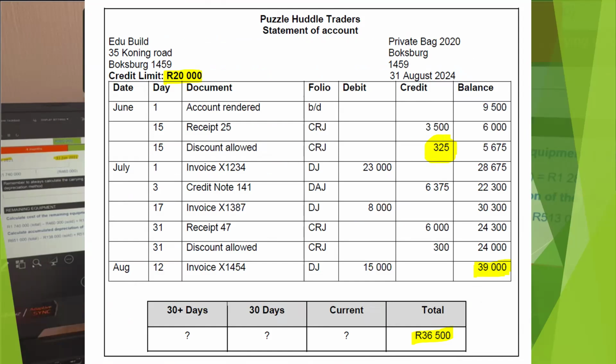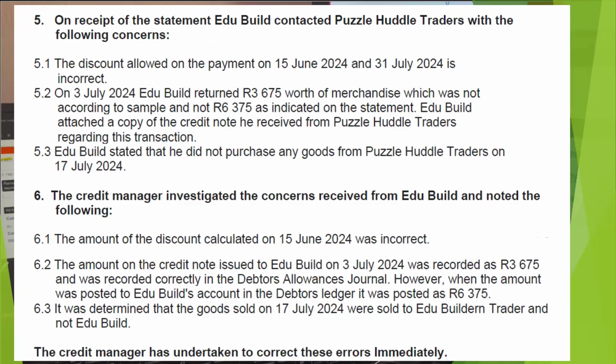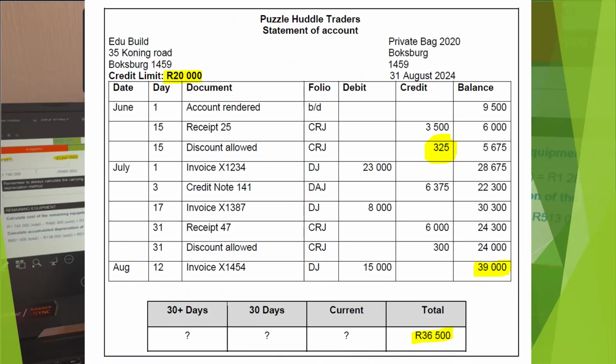So to check, what you can do is take this 3,500 multiplied by 5 divided by 95. You will notice it doesn't give you that. So they incorrectly calculated the discount. And even this discount here was wrong, this one here.